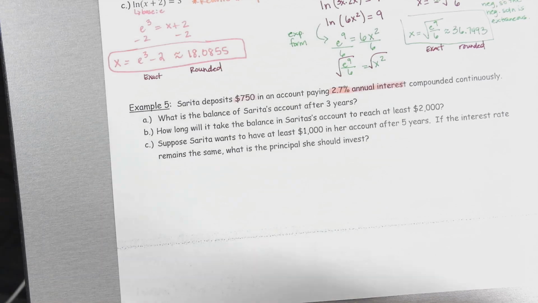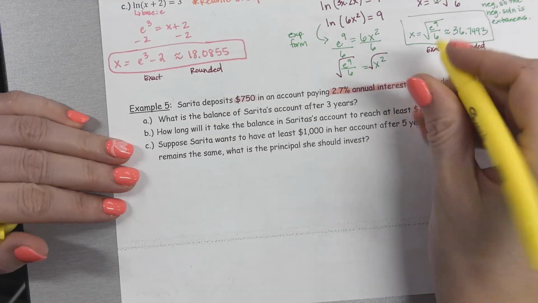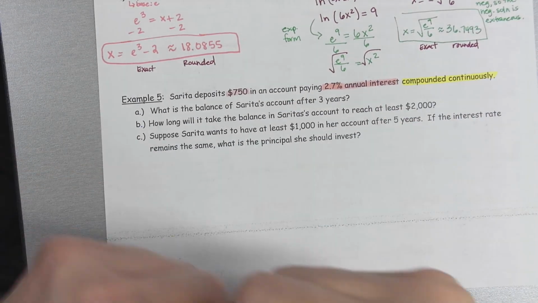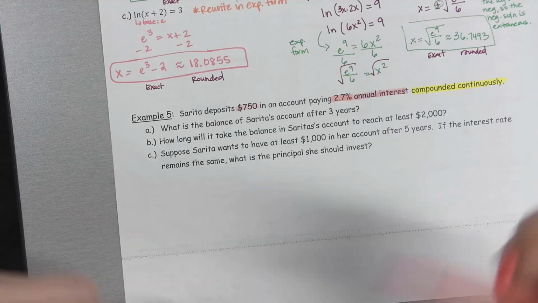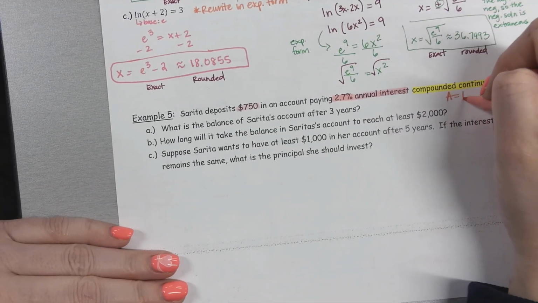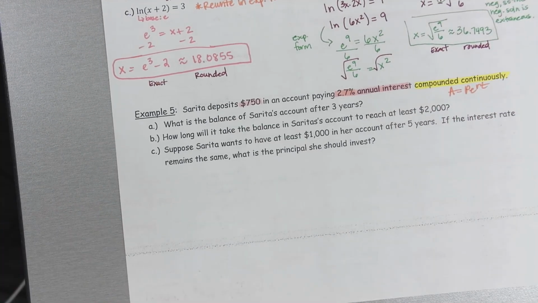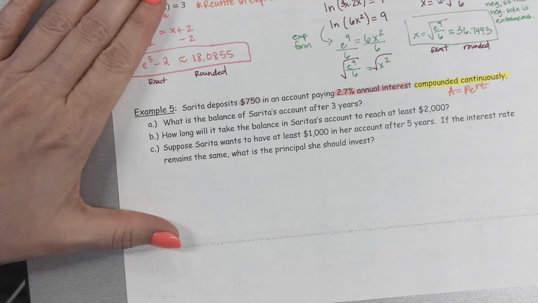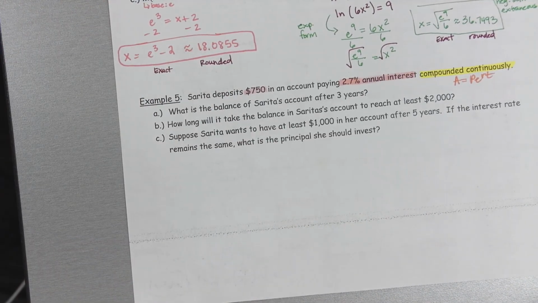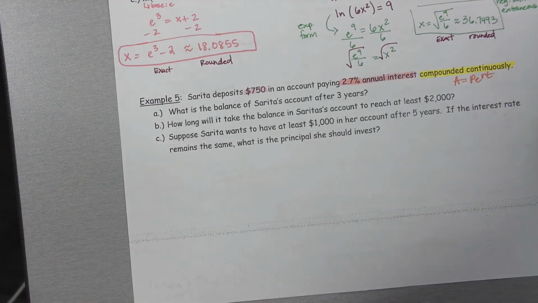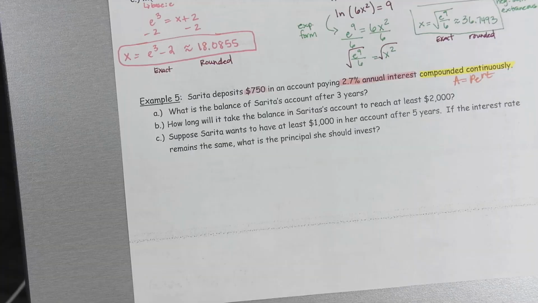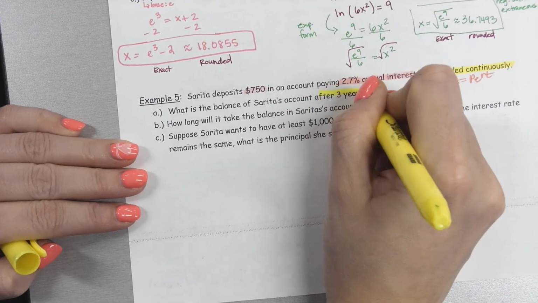Anytime it's compounded continuously, we know we are going to use the PERT formula. Okay, so A equals Pe to the rt. So in part A, it says, what is the balance of Sarita's account after 3 years?